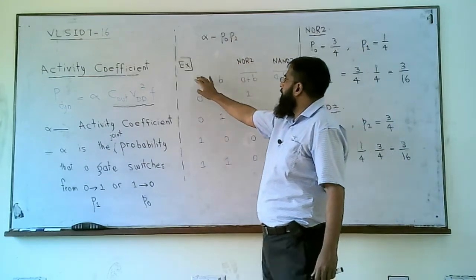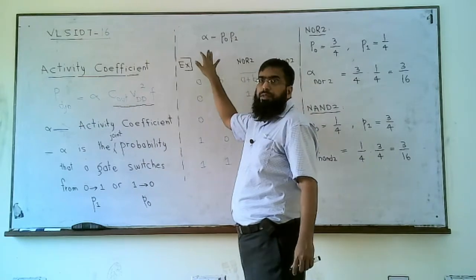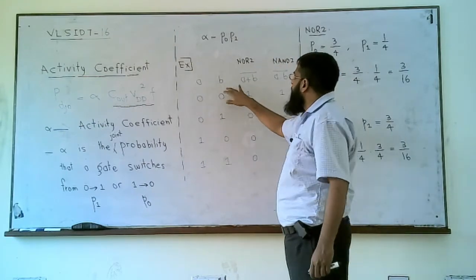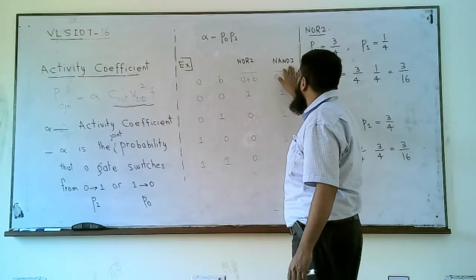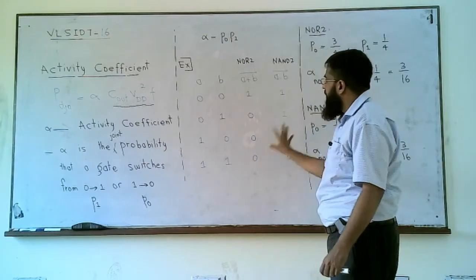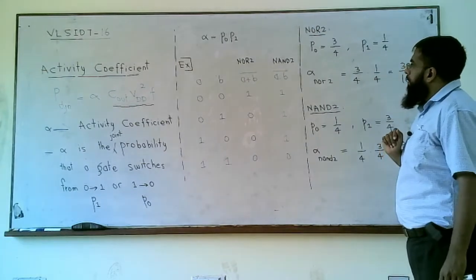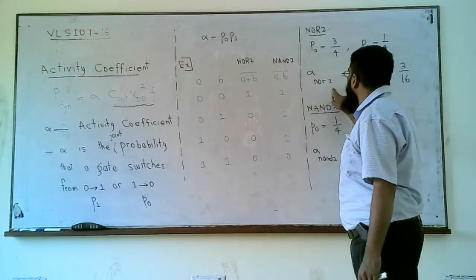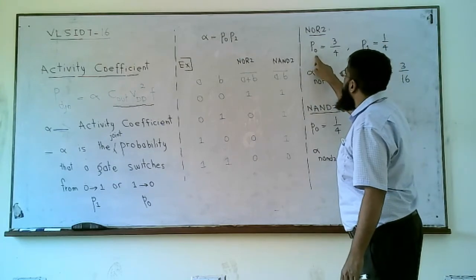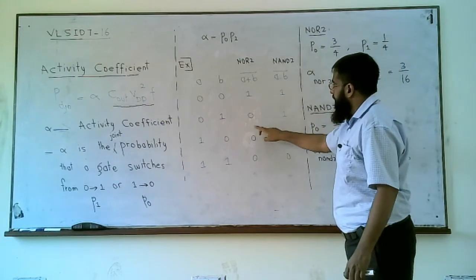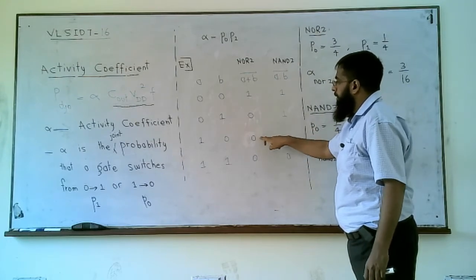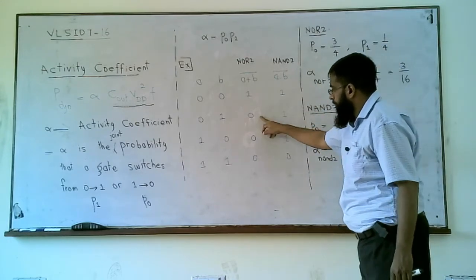In order to understand this alpha, the activity coefficient, let's solve an example. Let's suppose we have these NOR 2 and NAND 2 gates. These are the two tables we already know. To compute alpha for NOR 2, first compute P0 for this gate. P0 is the probability that the output is logic 0, which means it would have transitioned from logic 1 to logic 0.